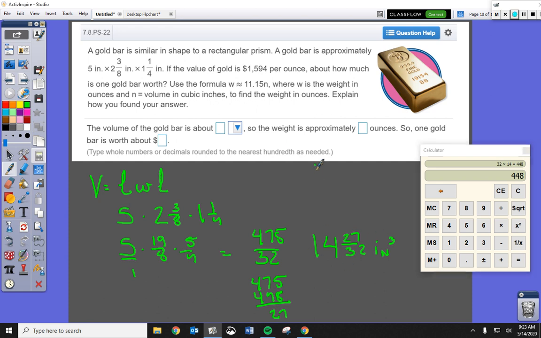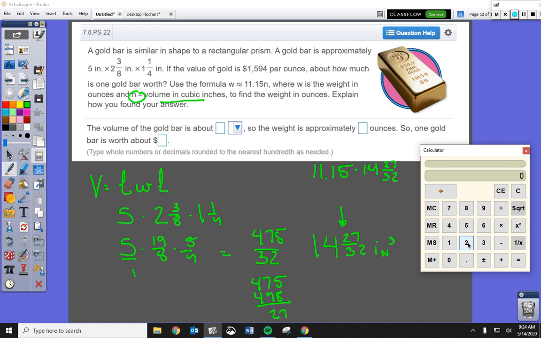So we're taking 11/1500 times 14 and 27/32, because N is the volume in cubic inches, which we have. Now, here's where we get a little crazy.